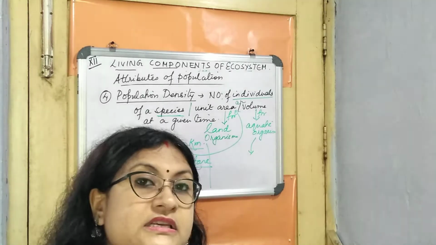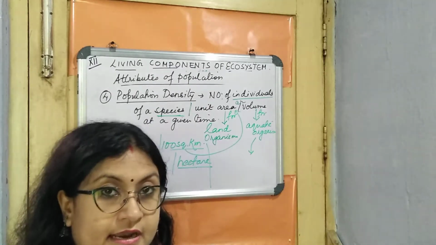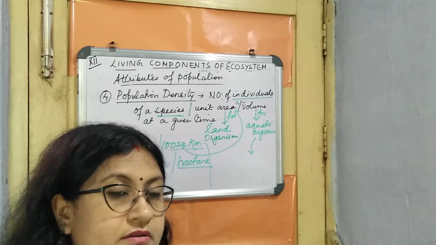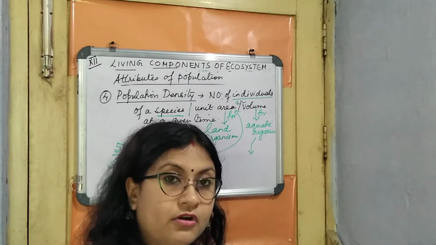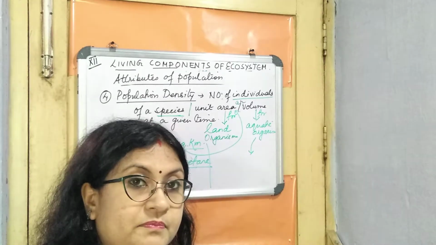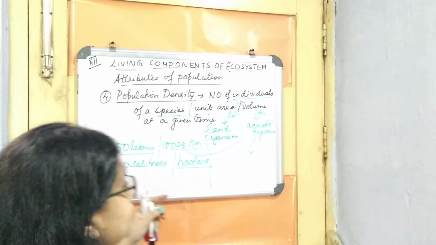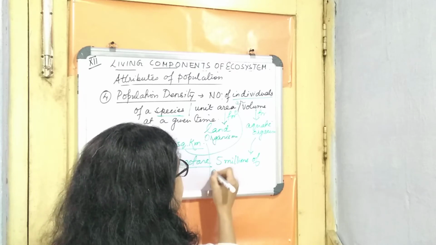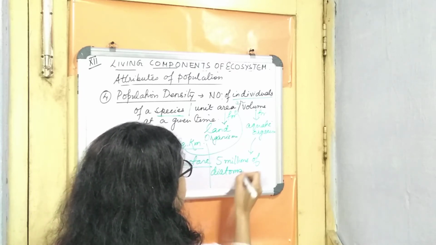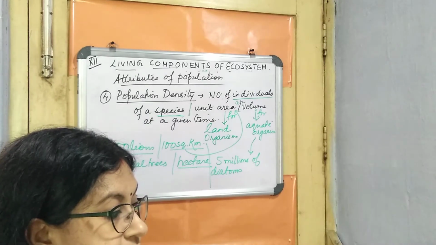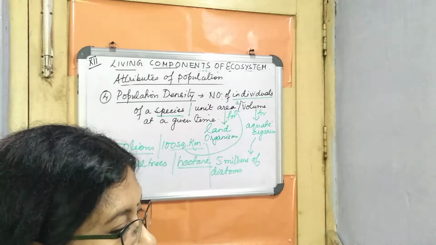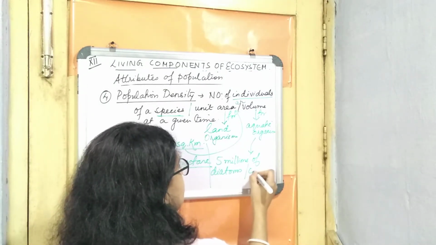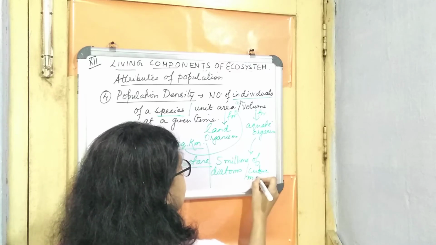Diatoms are algae and we cannot count how many there are, they are uncountable. But in a particular volume we can write a representative number, for example 5 million diatoms present per cubic meter of water.